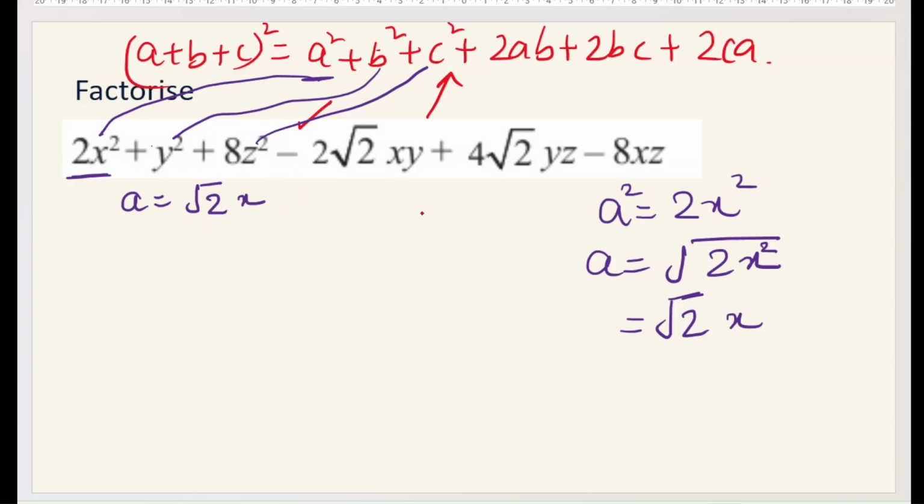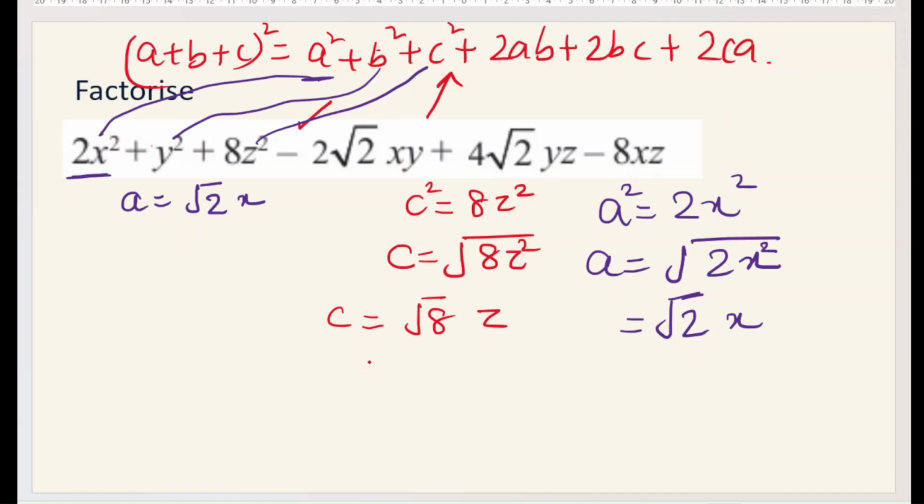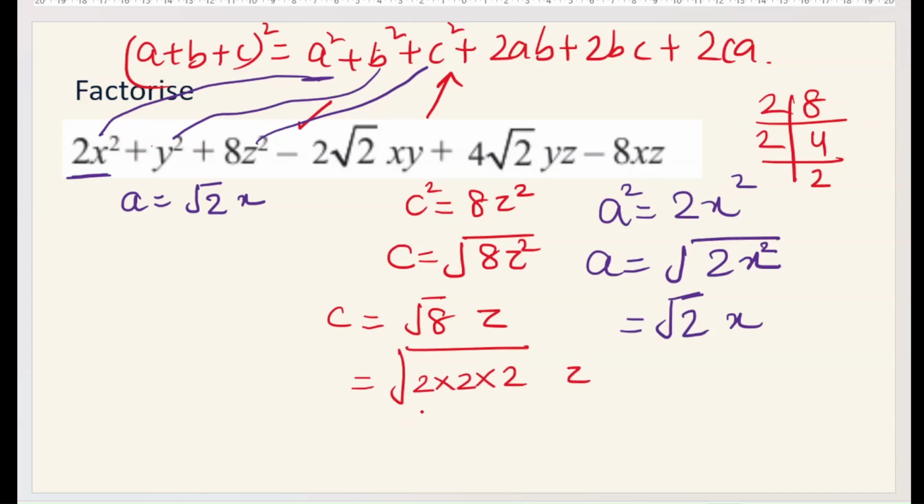Now C square is equal to 8z square, so C is equal to square root of 8 multiplied by z. Now let's do prime factorization of 8. It will go on the table of 2, then 4, then 2 and again 2. So that is square root of 2 multiplied by 2 multiplied by 2 into z. Now we form pairs. This has a pair, so it will come out. So that becomes 2 square root of 2 into z. So C is equal to 2 square root of 2 into z.